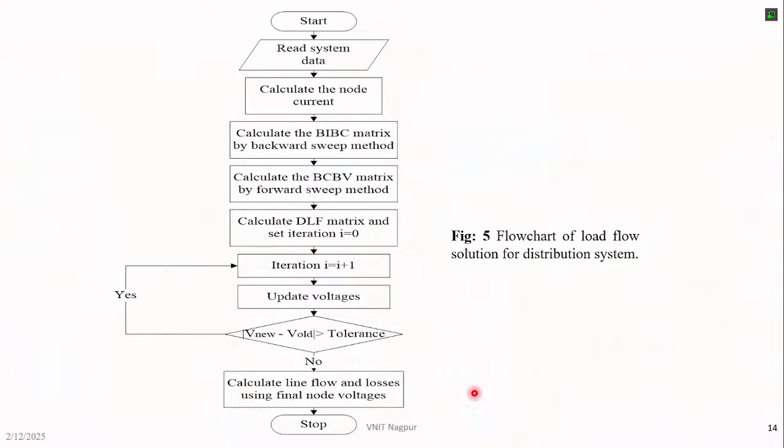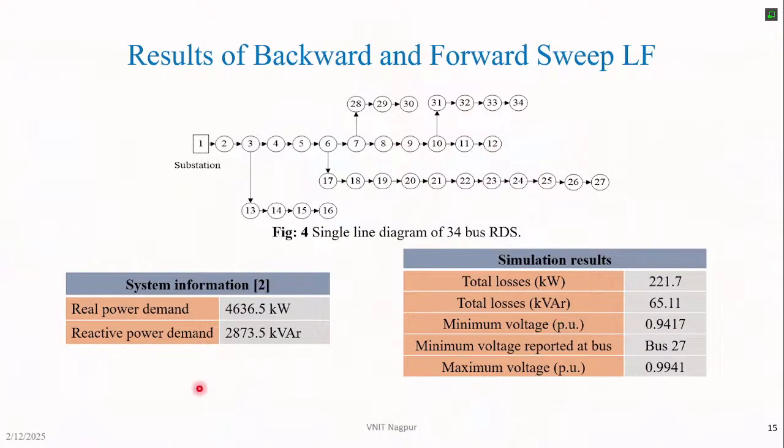Now this is a general system. If we consider any IEEE system, a 34 bus system or 69 bus system, in a general scenario, this is a single line diagram for a 34 bus system. Here the total demand is around 4.6 megawatt active power, and the reactive power demand is 2.8 MVAR.